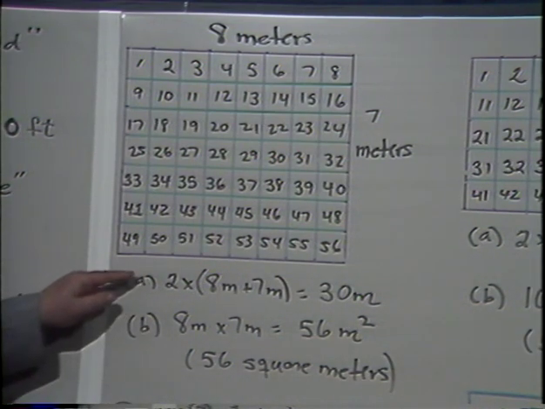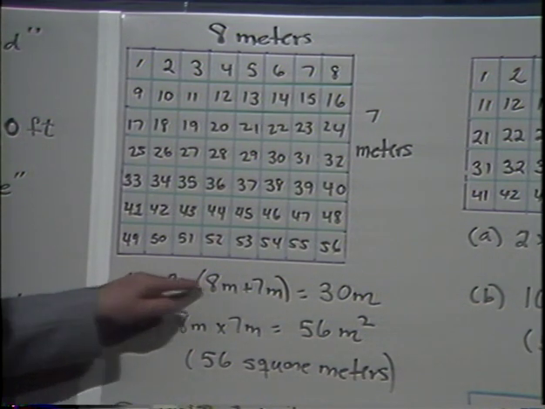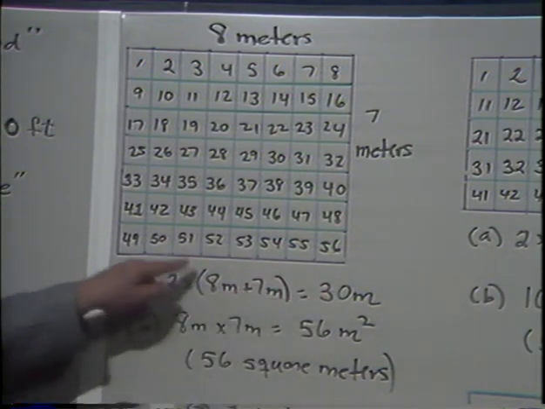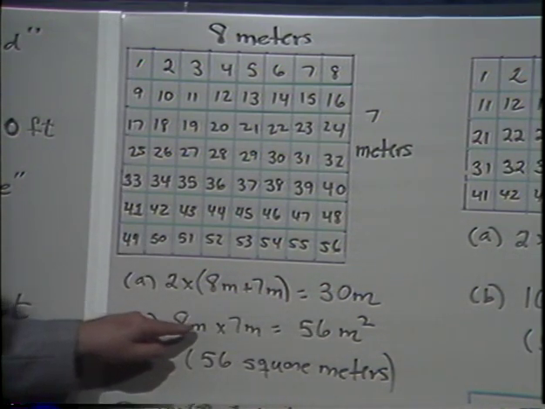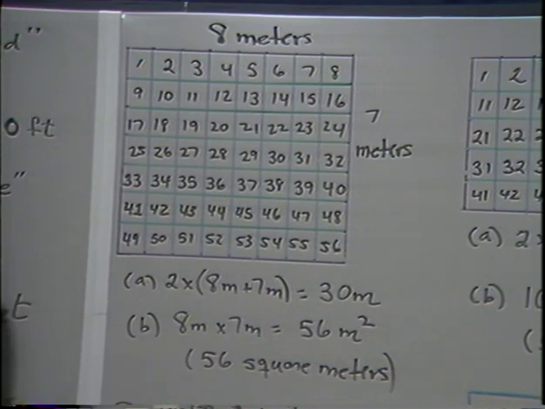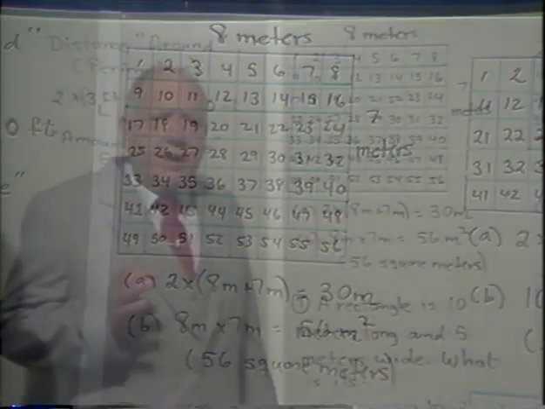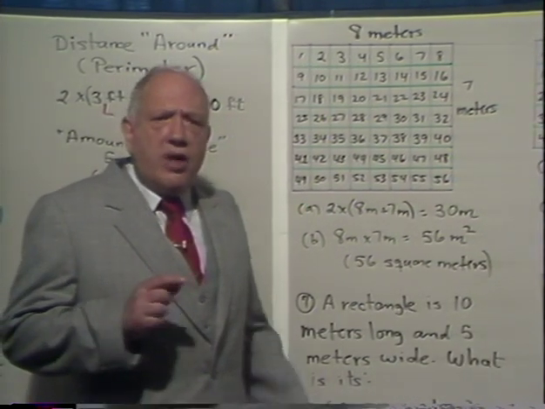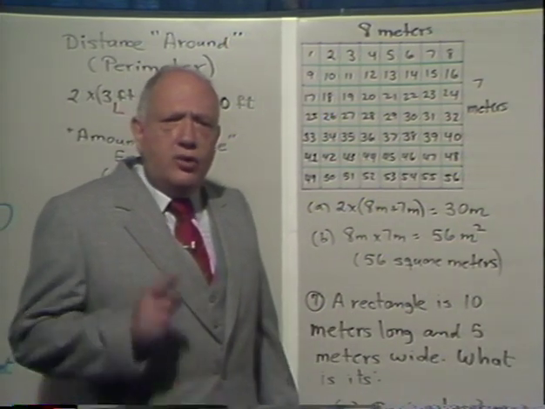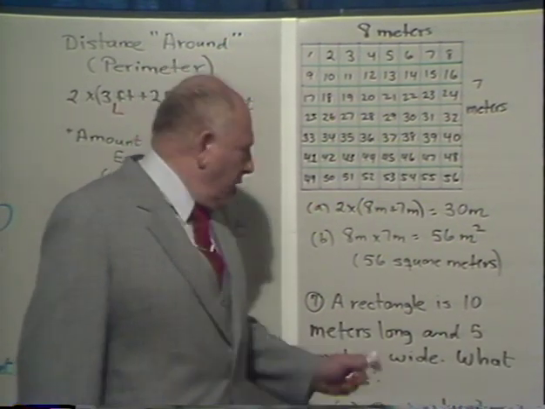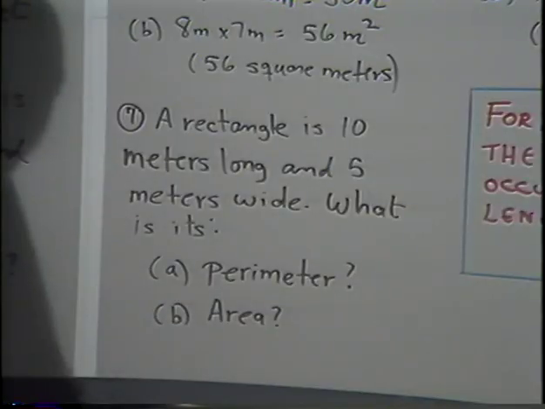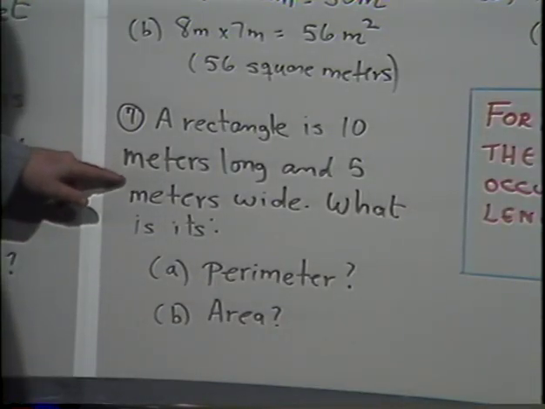So how do you tackle this problem? To find the perimeter, you add the distances around. To find the area, you multiply the length times the width. And by the way, what becomes exciting here is that just by knowing the perimeter, you don't know how much space is enclosed. Look at this problem over here. It says a rectangle is 10 meters long and 5 meters wide.